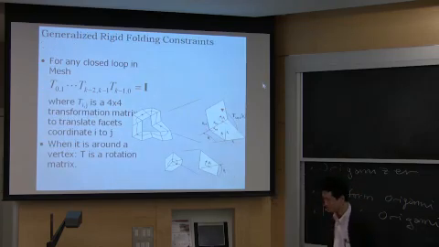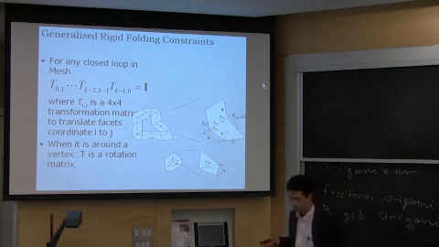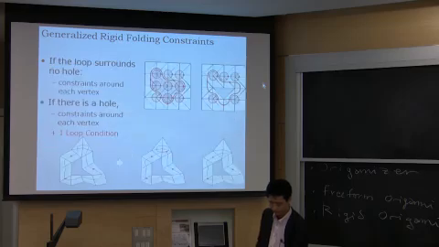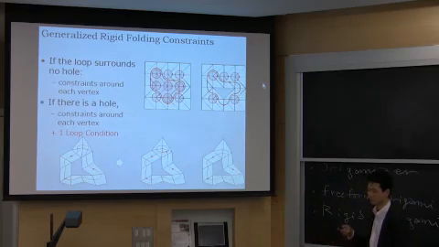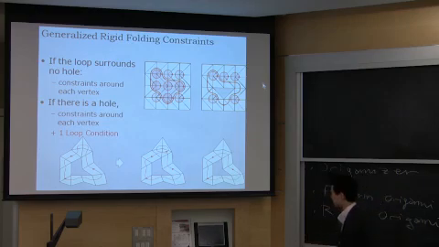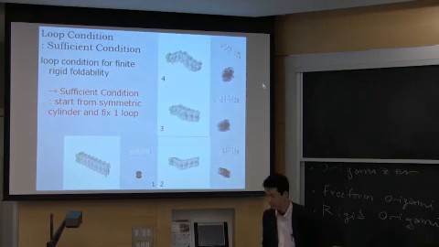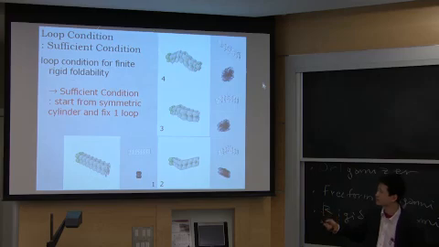Also, you have to think about the conditions around a hole, and actually, this is a more difficult condition to solve than the disk version. However, you can do that by fixing the first loop.